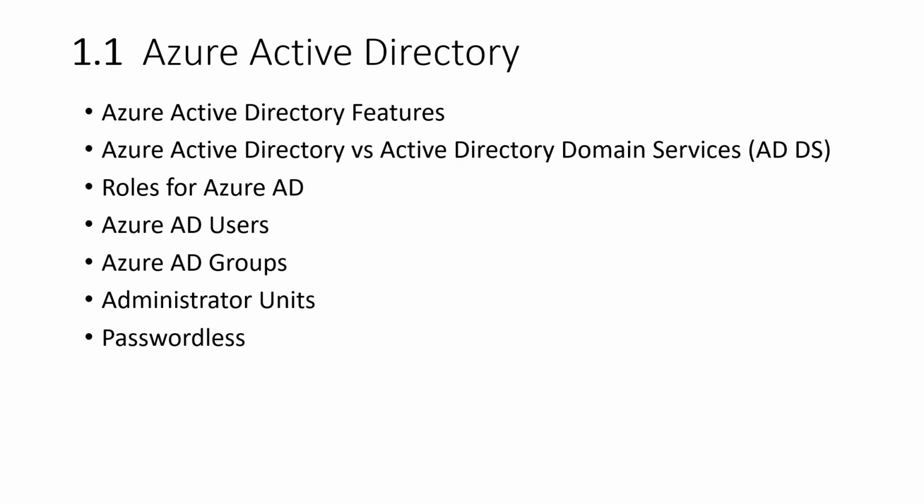But in Azure Active Directory we have a flat structure. We are not having such a structure where objects are connected to organizational unit, domain, and forest. As I already told you, we have a flat structure of users, devices, groups, and AUs, which are administrative units, and all of those are flat.